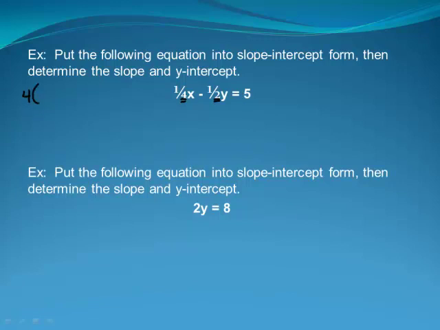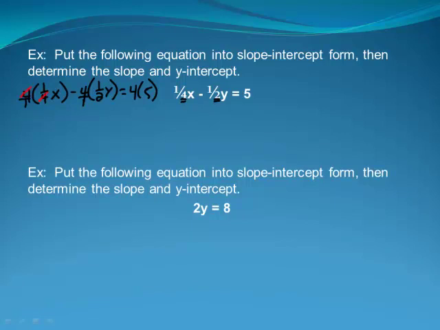So I've got 4 times 1/4 x minus 4 times 1/2 y is equal to 4 times 5. Again, this is not the only way to do this problem. You can work with the fractions if you want.